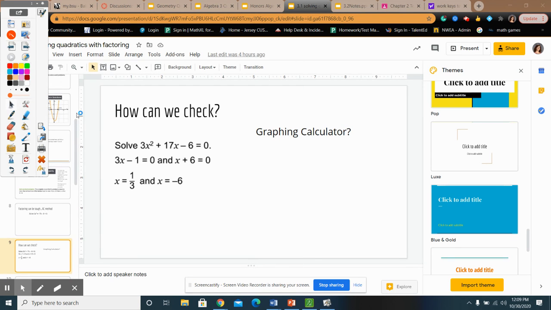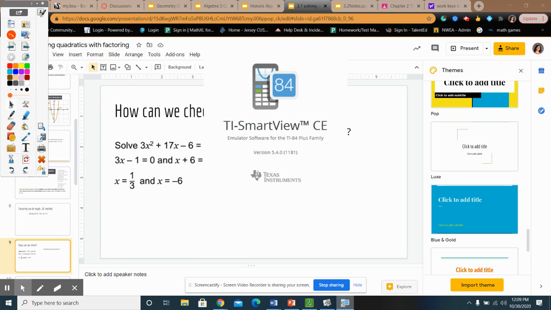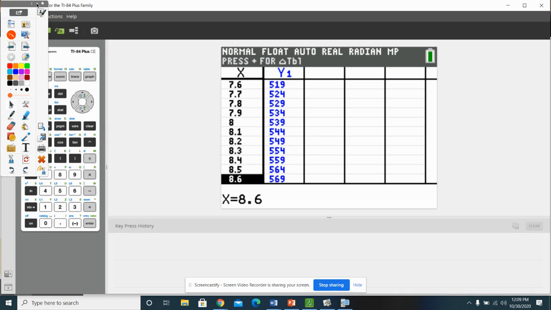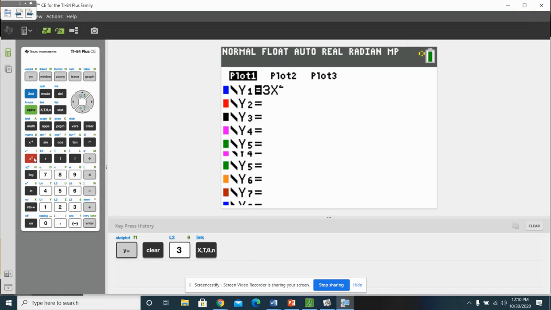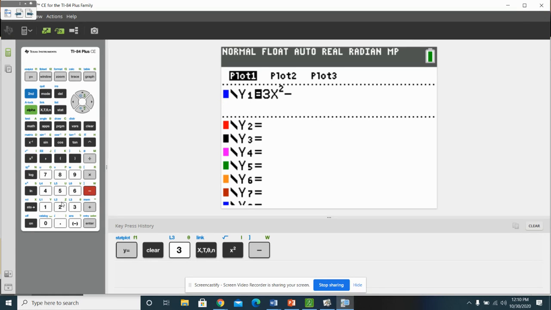We're going to go ahead and look at your graphing calculator, because your graphing calculator can tell you if you're doing these problems correctly. So you're going to type into your y equals 3x squared minus 17x plus 6.